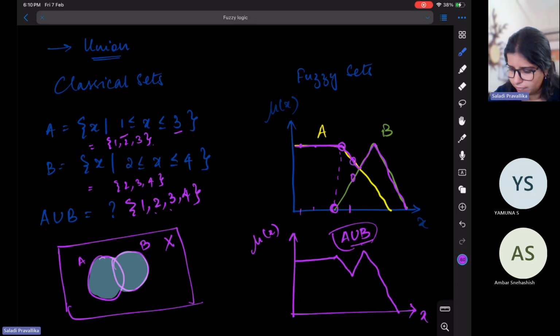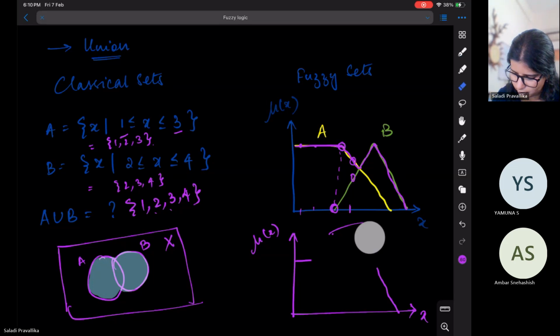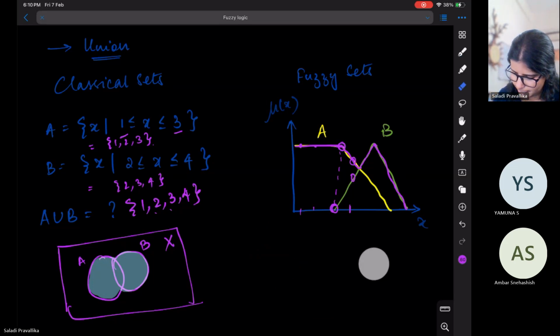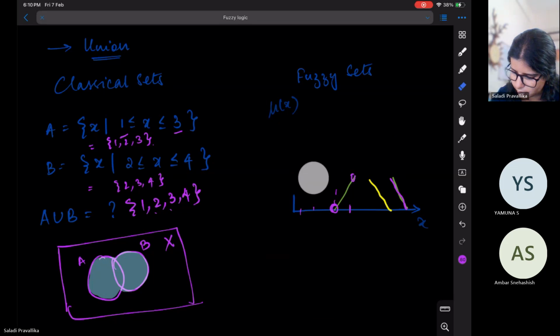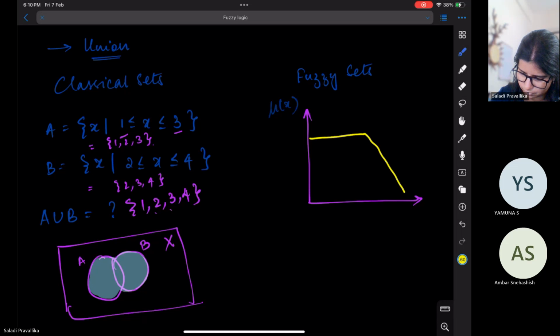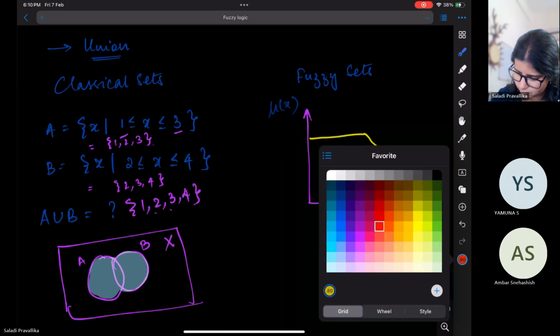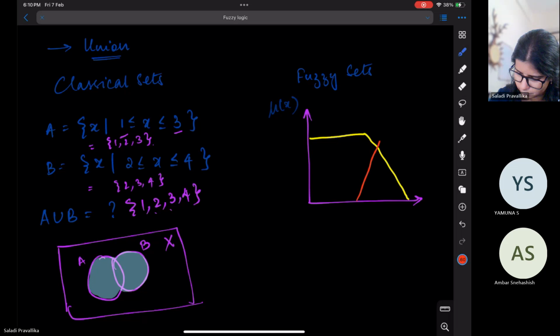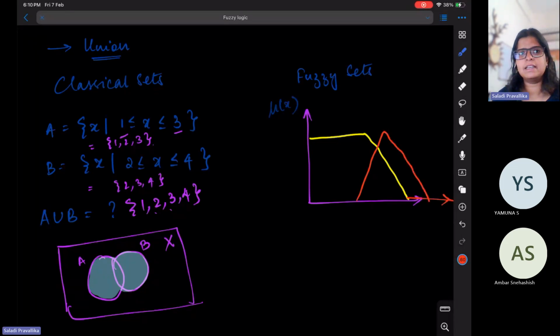But let's look at fuzzy sets. Okay, so the y-axis is our membership function value, whereas our x-axis is the x values, right?